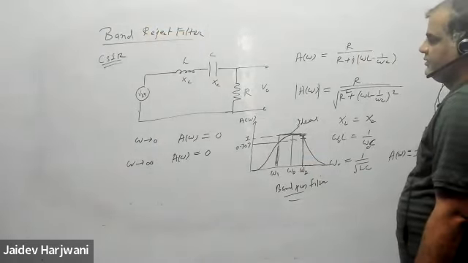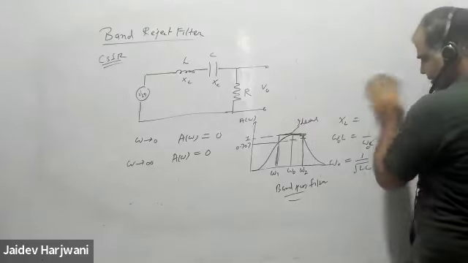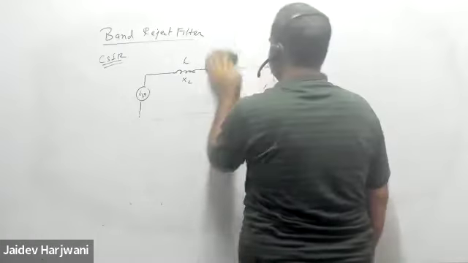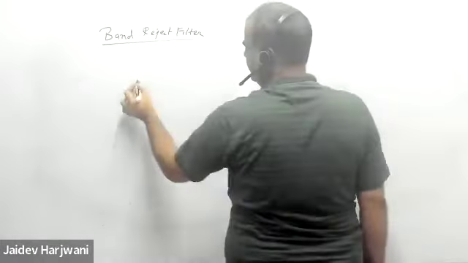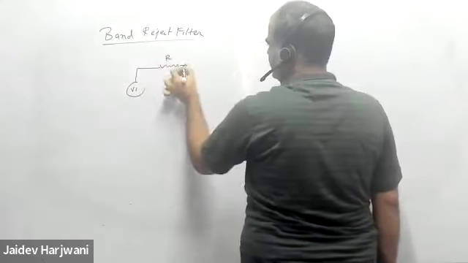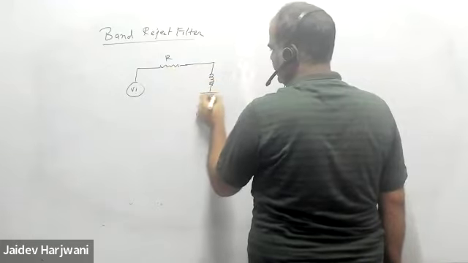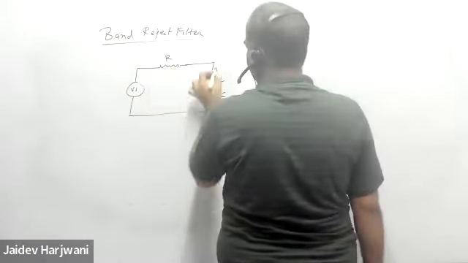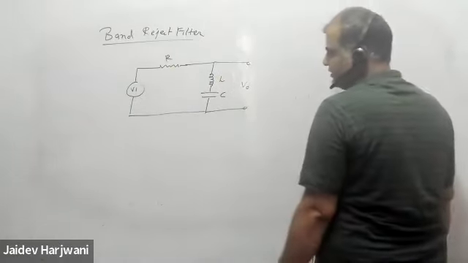If anybody has not written, so you have V input, you have R here, this is your L, this is your C, and now you're taking the output here. This is the band reject filter circuit.